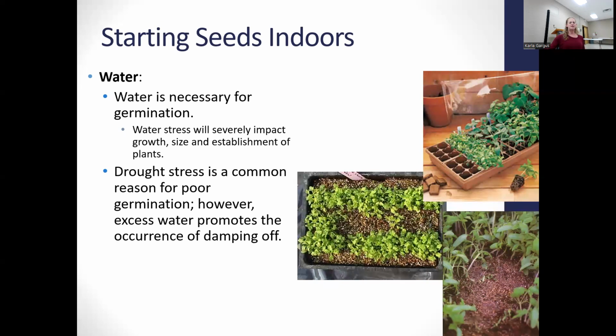But water stress can have a severe impact on the growth and establishment of the plant. So drought stress is common, but overwatering is common also. If you look at that picture in the middle and the one to the right side there, that's probably an area where that plant has been overwatered.